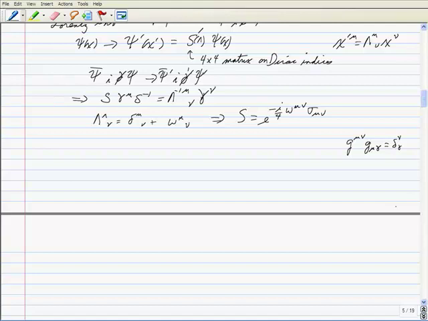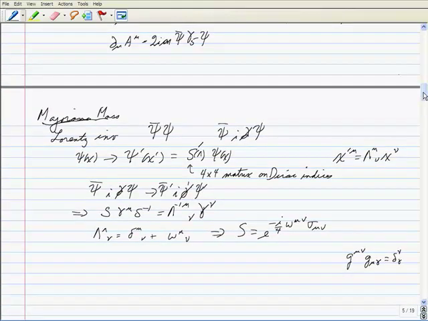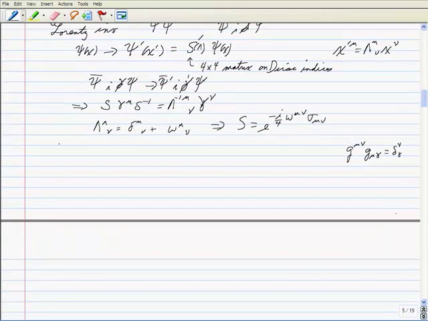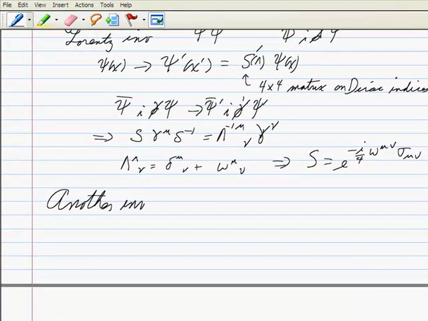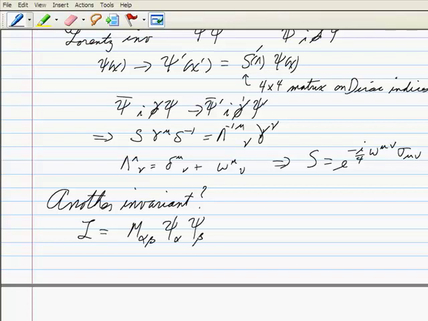Okay, so the question arises, is there any other Lorentz invariant? In particular, you might try something that looks like the following: a Lagrangian term that is some M alpha beta psi alpha psi beta. Okay, so let's just ask that question.